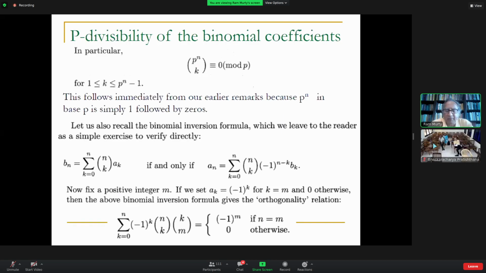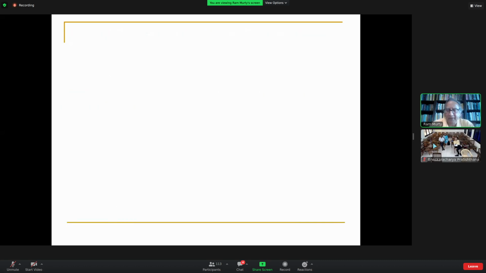So you can prove that also just with bare hands. And then once you have this orthogonality relation, the inversion formula is very easy to check. So I'm going to leave that as an exercise and not waste too much time here, but that idea will be needed in the course of the proof of Mahler's theorem.